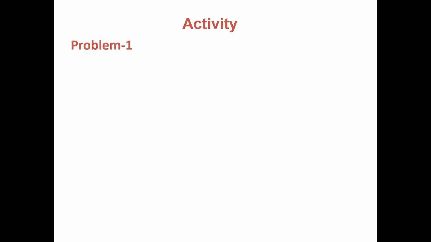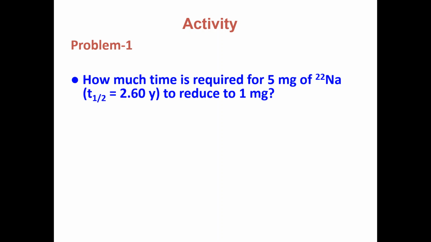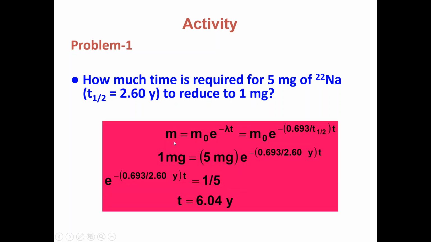Now the first problem based on activity: how much time is required for 5 milligrams of sodium with a half-life of 2.60 years to reduce to 1 milligram? How to solve this? We have the formula derived from the radioactive decay law for the activity in terms of mass. It is given by m equal to m naught exponential minus lambda t.